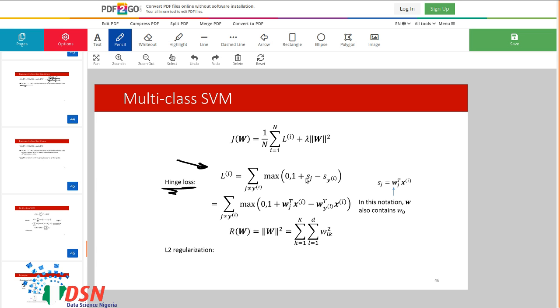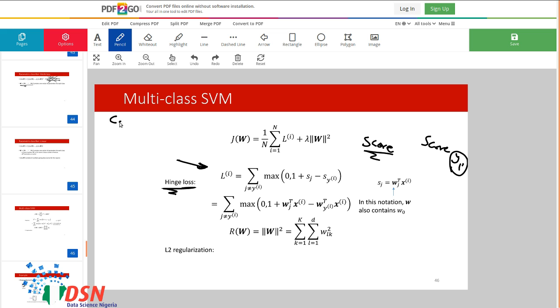We could think of Sj and Syi as the scores of the classes. Syi is the true class, and we want the score of this class to have a margin of 1 plus the score of j. So for yi, we want a higher score for the true class.